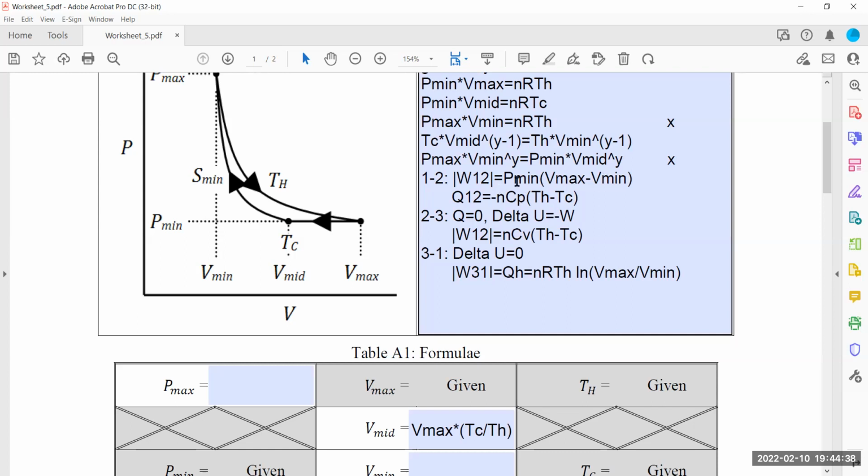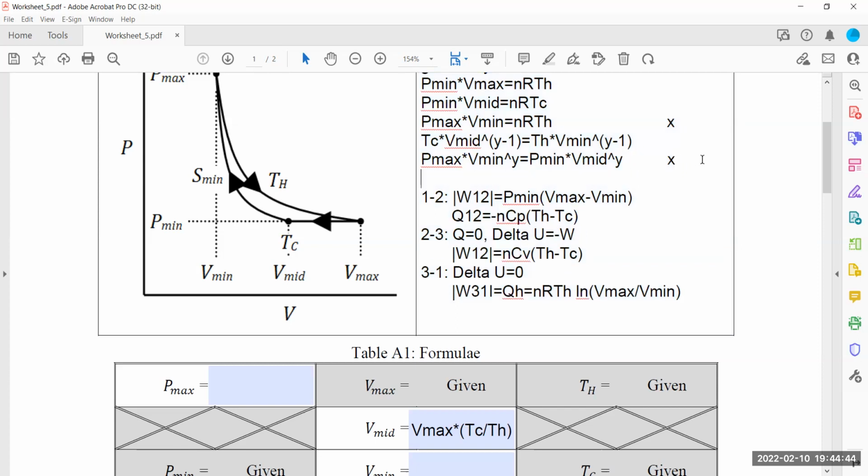Actually, I wrote it in here somewhere. Here it is. So you probably need to include those equations again for gamma. Remember, CV is equal to R over gamma minus 1, and CP equals gamma R over gamma minus 1, because you will need those too.